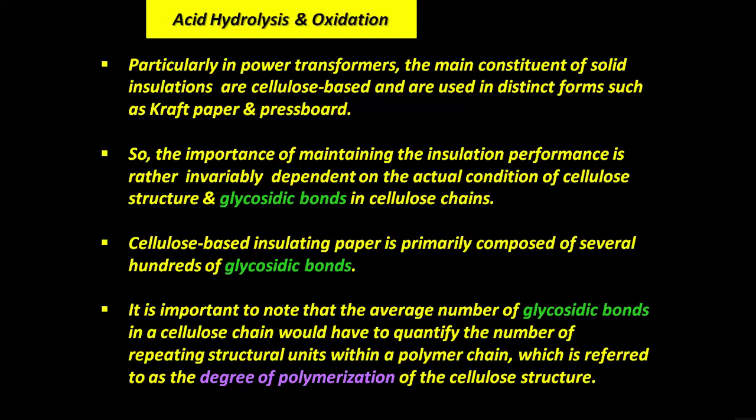Let's start with acid hydrolysis and oxidation reaction. Particularly in power transformers, the main constituent of solid insulations are cellulose-based and are used in distinct forms such as kraft paper and pressboard.